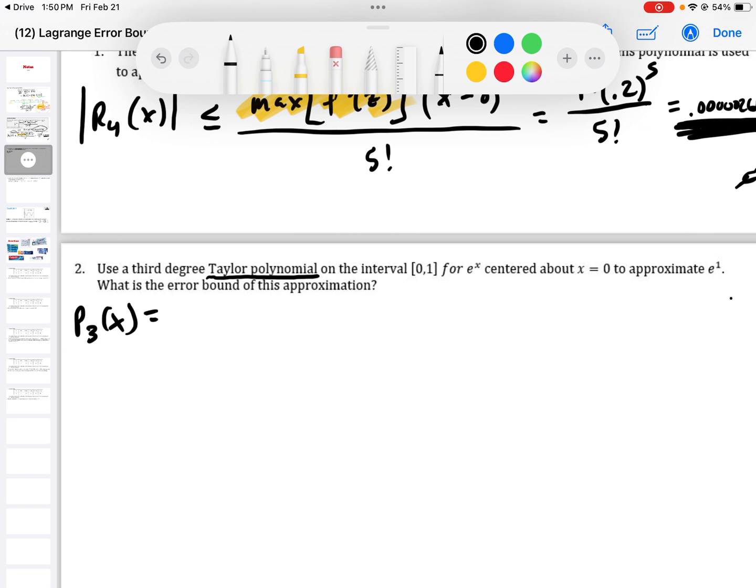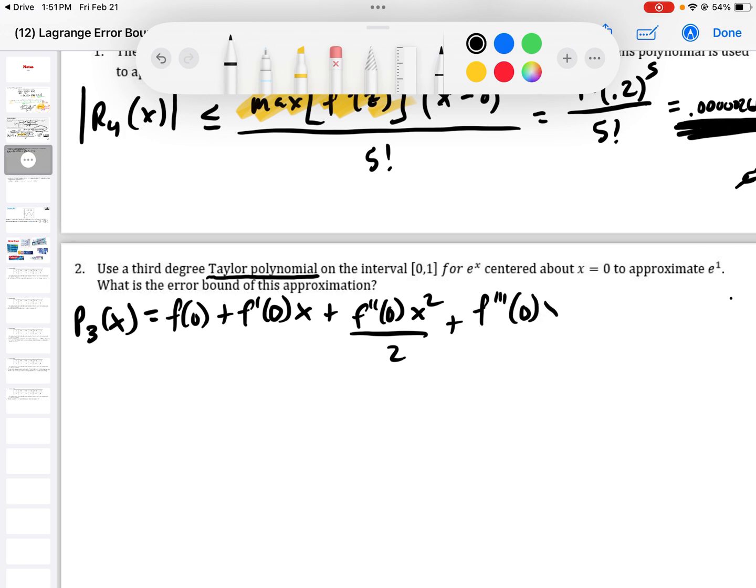So let's build our third degree Taylor polynomial. P sub 3 of x is equal to f of 0, because it's a Maclaurin polynomial, plus the first derivative evaluated at 0 times x, plus the second derivative at 0 times x squared over 2 factorial, or just 2, plus the third derivative evaluated at 0 times x cubed over 3 factorial.